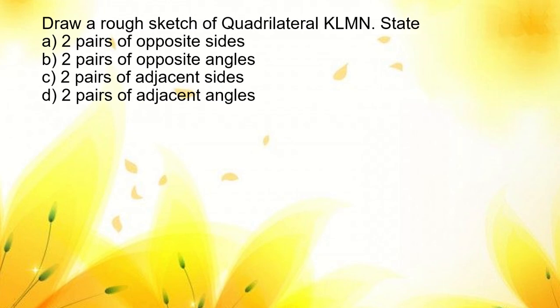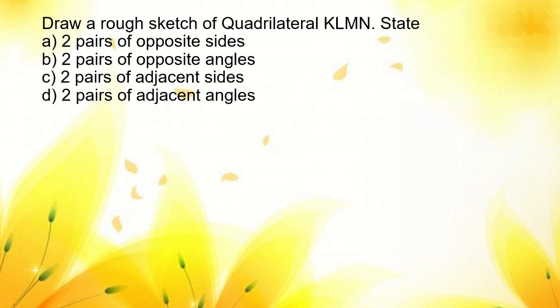The next question of the exercise is: draw a rough sketch of quadrilateral KLMN and state, four parts are there. You have to state two pairs of opposite sides and opposite angles. Next, you have to state two pairs of adjacent sides and two pairs of adjacent angles.